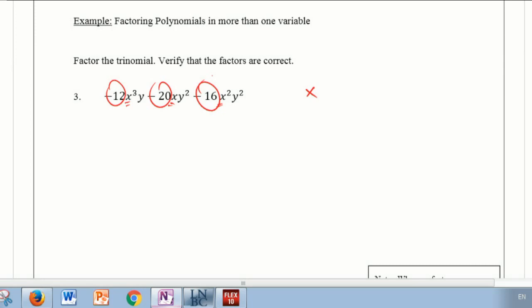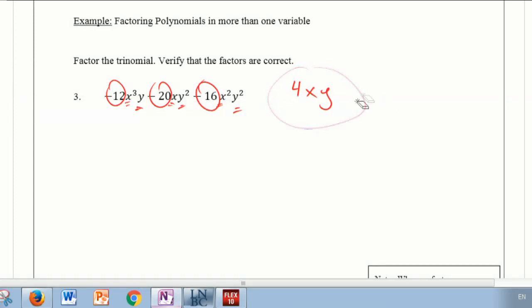If I think really hard, 12 and 16 both have a 4, and 20 also has a 4 that can come out. What about 6? No. So I'd pull out a 4, and then I have y squared and y squared, so the largest y would just be y. So that would likely be my greatest common factor.